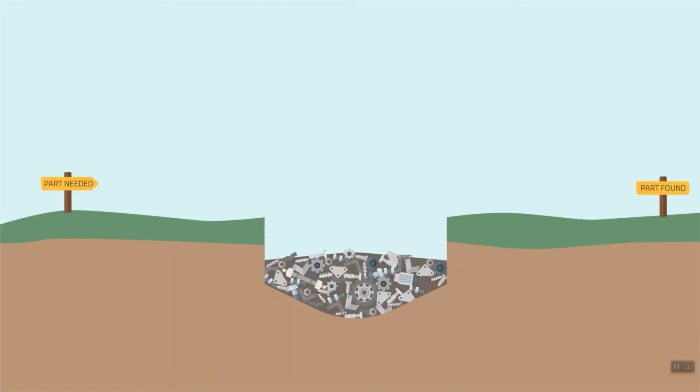So there's this gap in the engineering process between an engineer needing a part. Then they have to go and try to find that part either in their system or from online. And then if they can't find it, they end up having to design a new part and continue on. So every time a new part's needed, it takes time for engineers to either find it in their system, find it online, or recreate it.